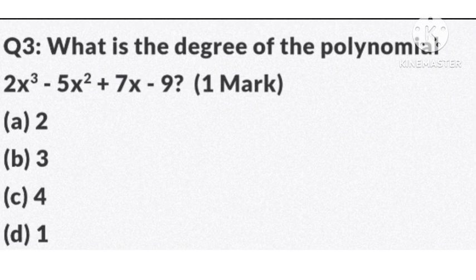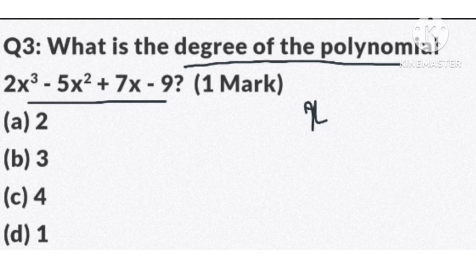Third question is, what is the degree of the polynomial 2x cube minus 5x square plus 7x minus 9? So how to find the degree of polynomial? The highest power of the variable x is the degree of the polynomial.